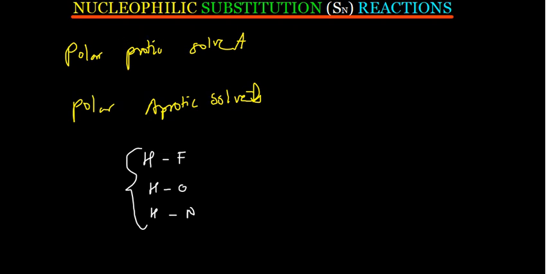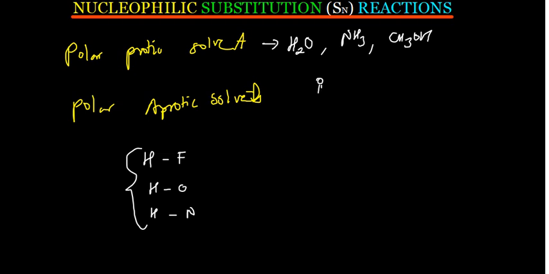And those solvents where we do not have these kinds of bonds, those are called aprotic. So examples of protic solvents that we can give are water, ammonia, because we also have such a bond, and alcohols like methanol and ethanol. These are protic solvents. But when we're talking about aprotic solvents, we can talk about acetone, right?